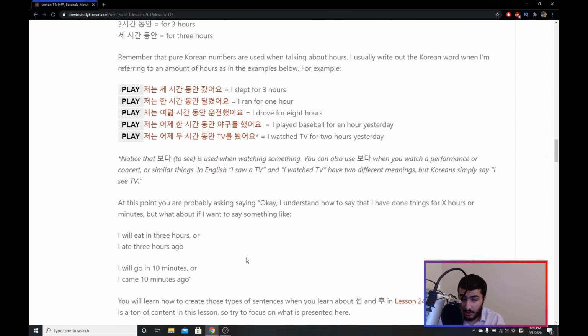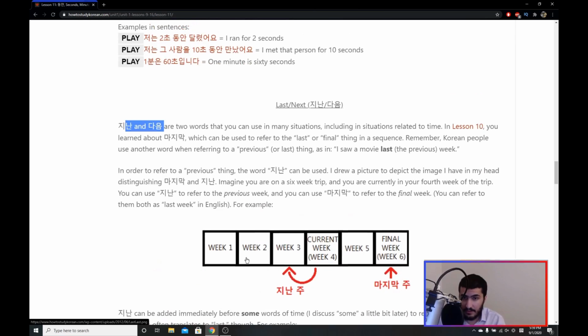But I just understood the meaning of 지난 and 다음, and then you can use it for other stuff, because you might say 다음 수업, like next class, or 다음 경기, like next game, or 지난, I'm blanking, something, I don't know.